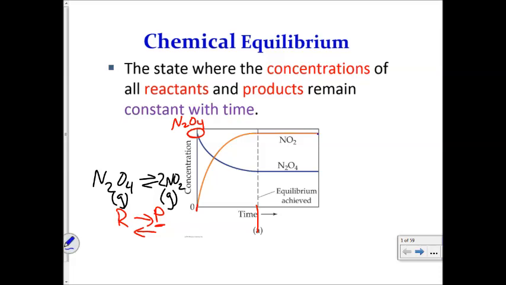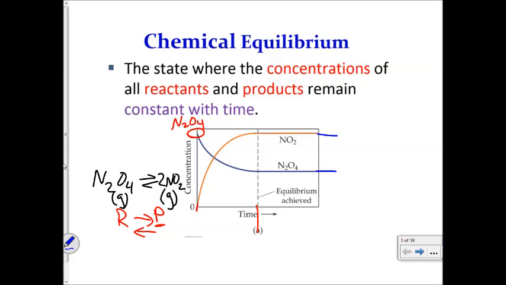You notice here the equilibrium concentration for the nitrogen dioxide is higher in this particular arrangement, and the N2O4's equilibrium concentration is lower. So they're not always going to have equal amounts on each side, but what we'll talk about later on is that the rate of the N2O4 making the NO2 is going to be equal in both directions.